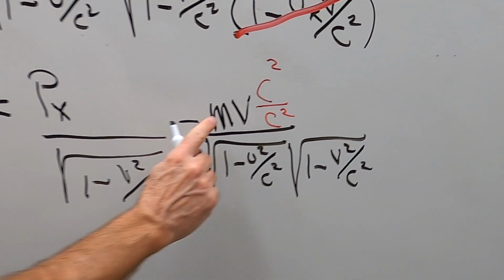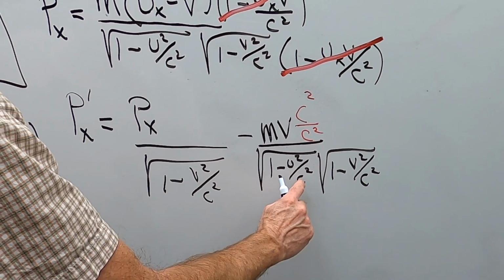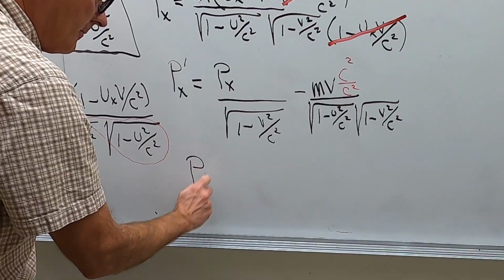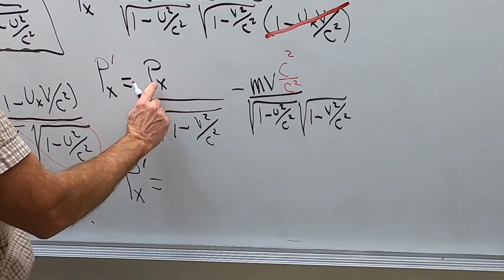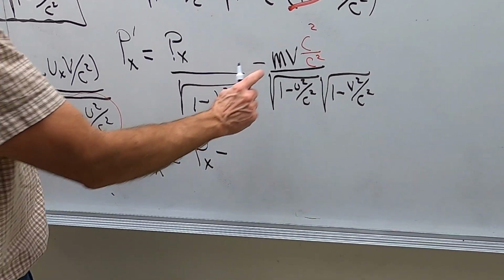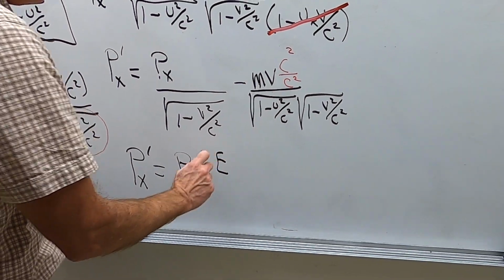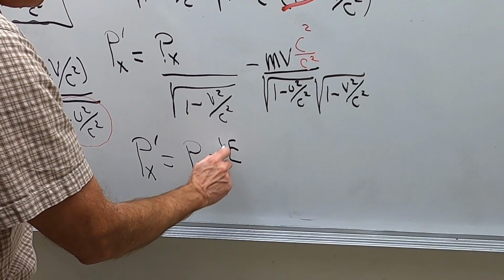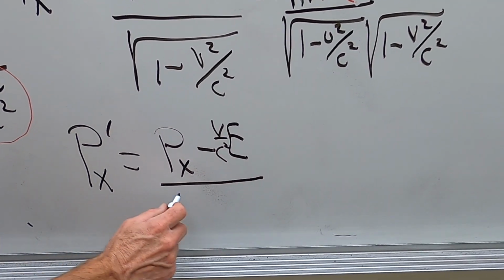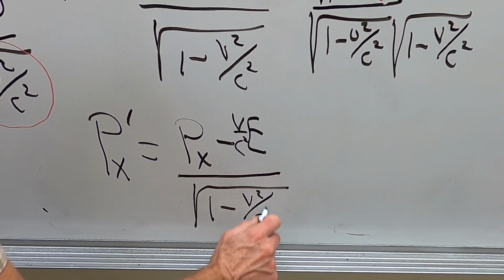That way, here we have mc squared all over the square root of 1 minus u squared over c squared. That's E. So this px prime would just be px minus, we've got an mc squared over that, that's E, and we've got a v over c squared, all divided by the square root of 1 minus v squared over c squared.